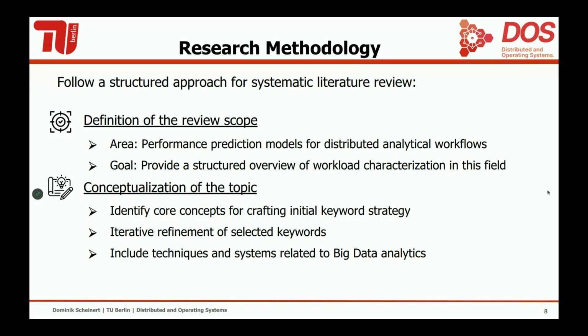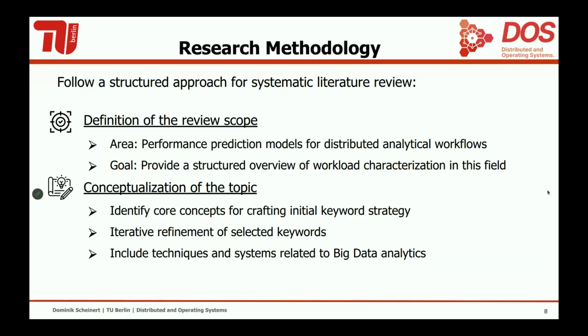And then there was a phase where we were conceptualizing the topics. We identified core concepts for crafting an initial keyword strategy that we could then apply in identifying relevant literature. But this was an iterative process because these initial keywords were not necessarily comprehensive enough, so we added to them and tried to make the query more sophisticated.